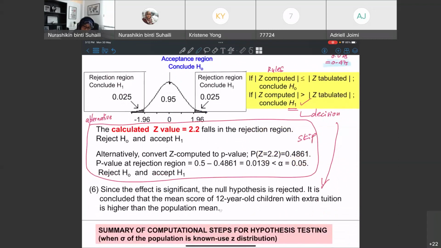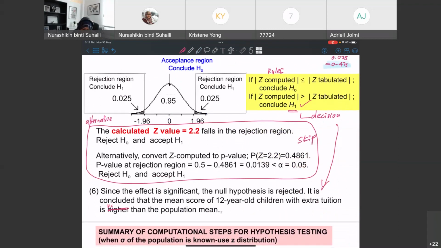It's not equal to the population mean, which is 7. So this is the conclusion.